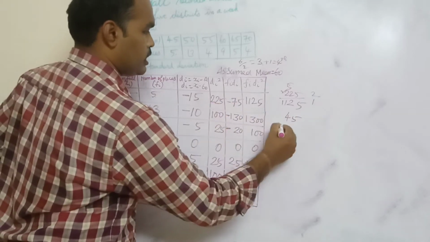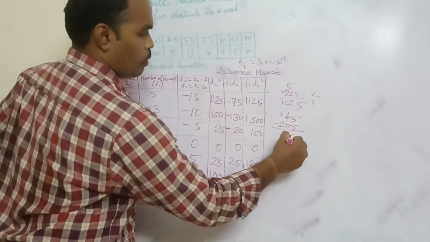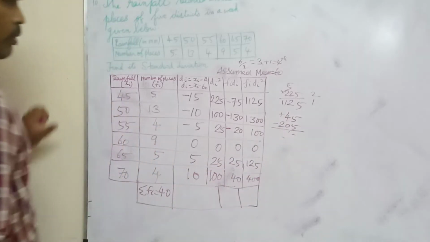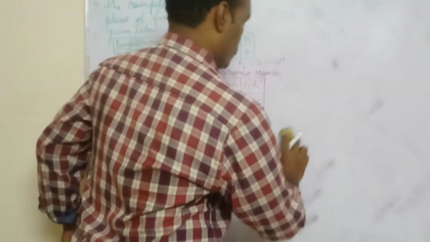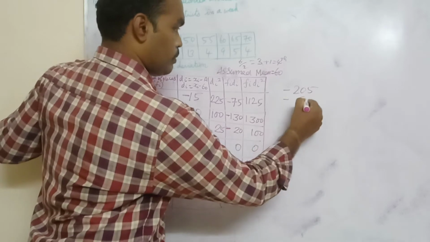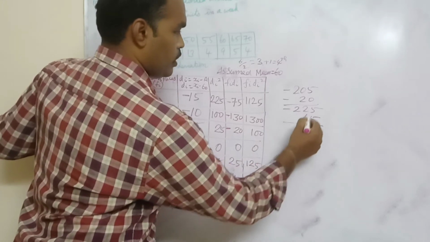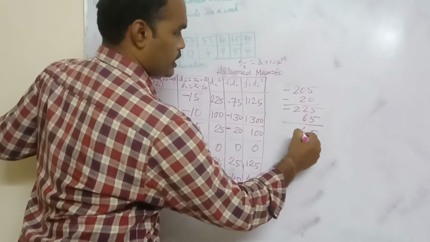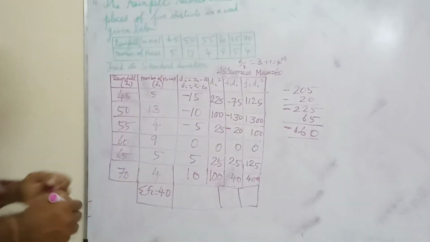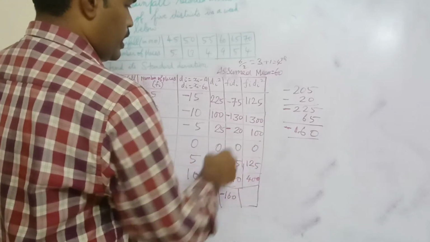Minus 130 minus 75 is minus 205. Adding the positive 45, it comes to minus 160. So sigma fi di is minus 160.